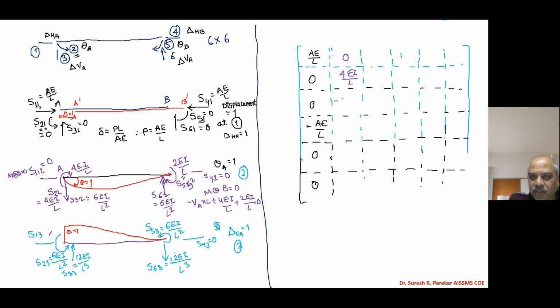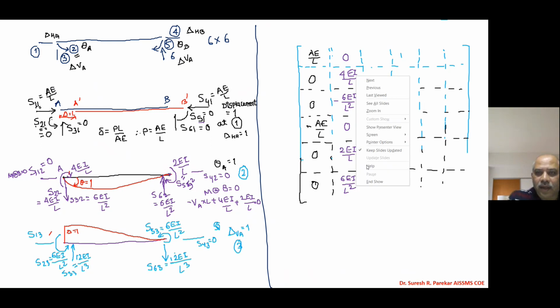So we have -6EI/L². Then we have S42. So we have 0. We have S52, we have 2EI/L. And we have S62, we have plus 6EI/L².